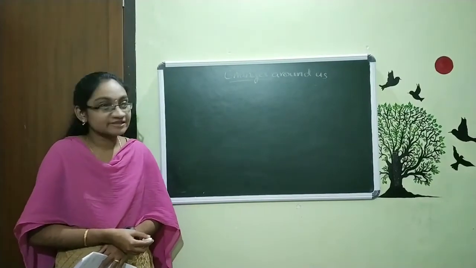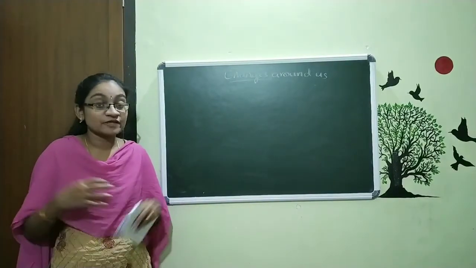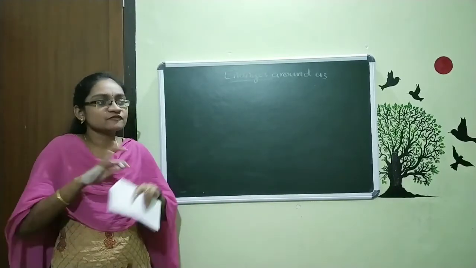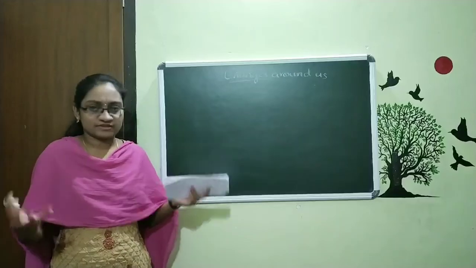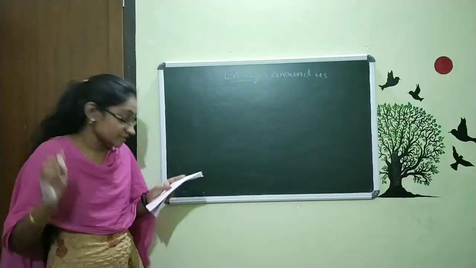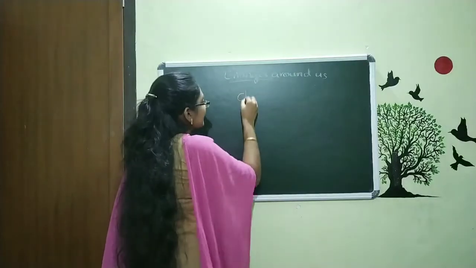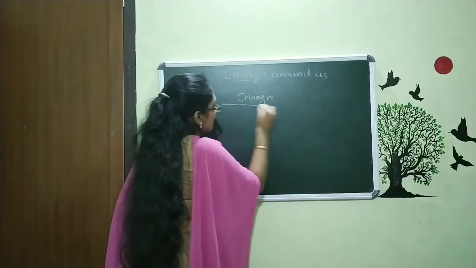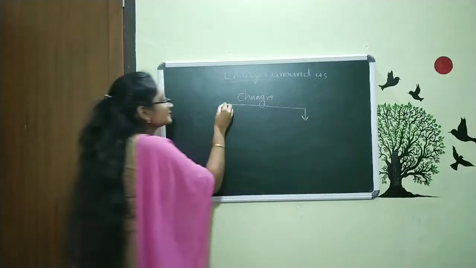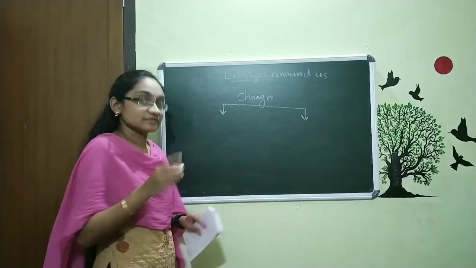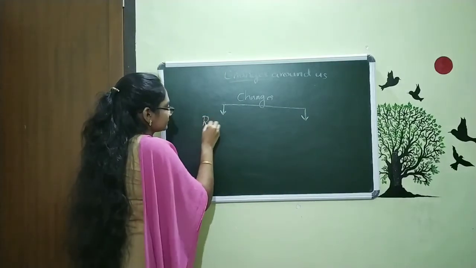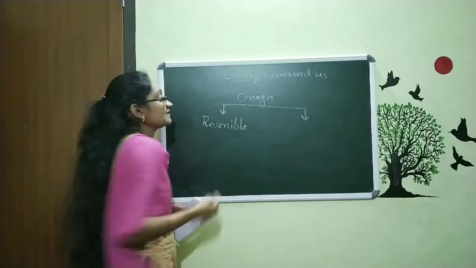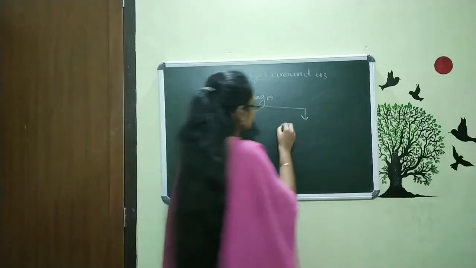In the last class, we started this chapter and discussed different types of changes. We can see different changes around us. We studied that changes are of two types: some changes are reversible and some changes are not reversible.